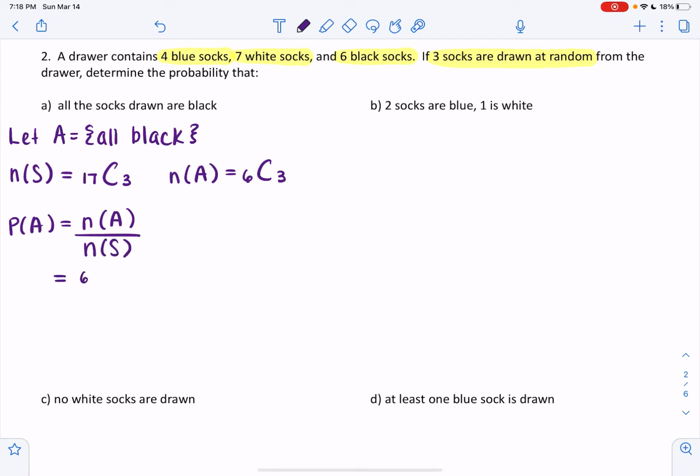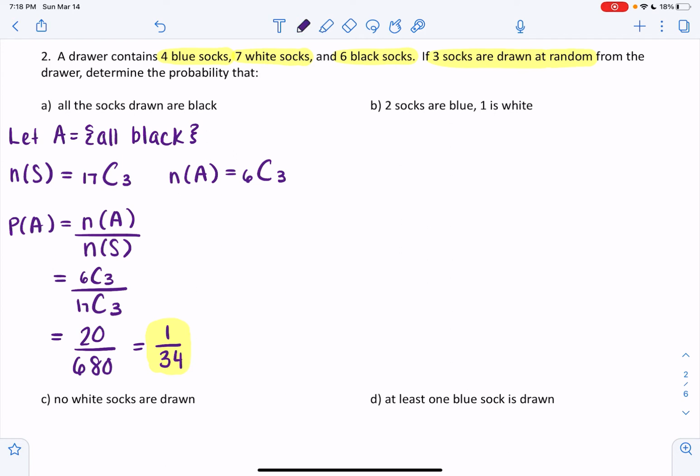So we have 6 choose 3, divided by 17 choose 3. That will give us 20 over 680, which reduces to 1/34. Now again, you could absolutely put this in a decimal or a percent, because it doesn't specify in the question. Really up to you, however you want to write your answer.